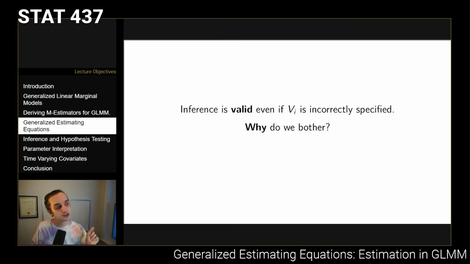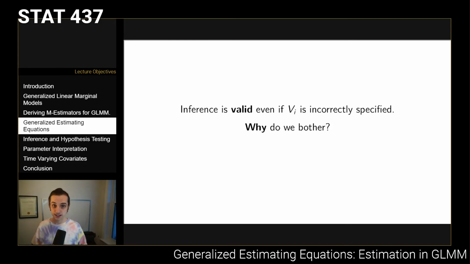But if we can manage to specify that variance correctly, then suddenly our estimators are going to perform better in smaller samples, and they're also going to be more efficient even when we take a very large sample, right? And so it's sort of this no-lose situation for us, where by specifying this, we're just adding extra efficiency to our estimator, but it doesn't cost us anything in terms of robustness, so there's no reason not to specify it.